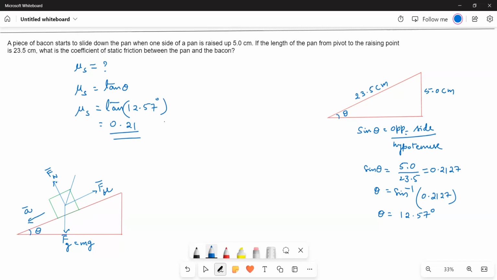Now we have to take the resultant of the normal force and the friction force. So this becomes the resultant. This is the angle made by the resultant with the normal. Now we will write the equation: tan theta is equal to opposite side by adjacent side.